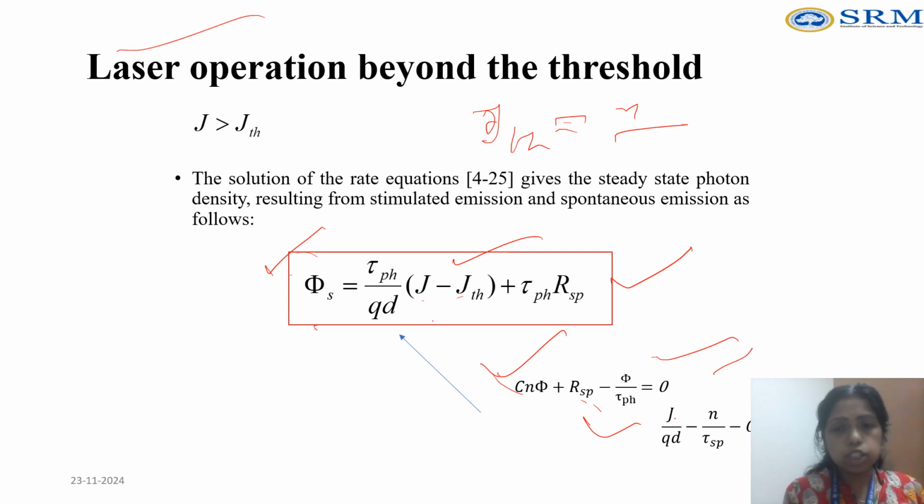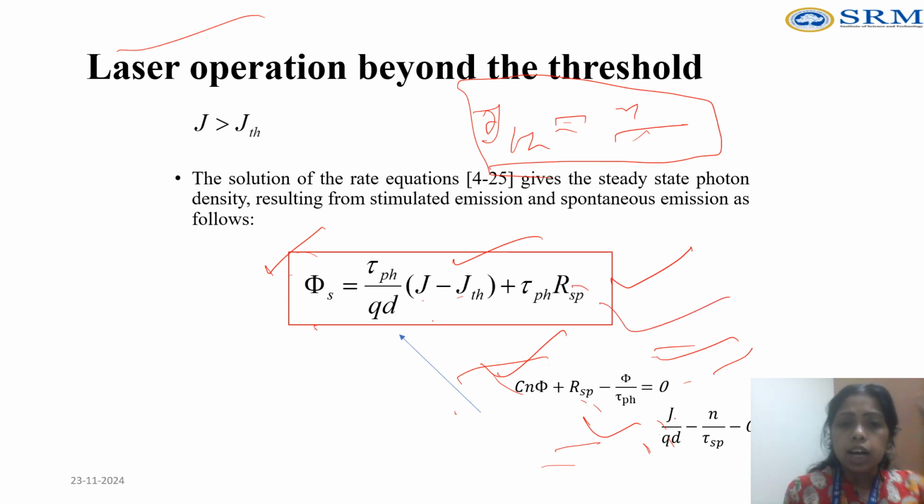You got one equation, and of these two equations, one is the photon rate equation and one is the electron rate equation. Now if both are equal to 0, you can substitute these two equations. If you add these equations, you will get one more equation. From that equation, if you replace the τsp value with the JTH form, you will get this.